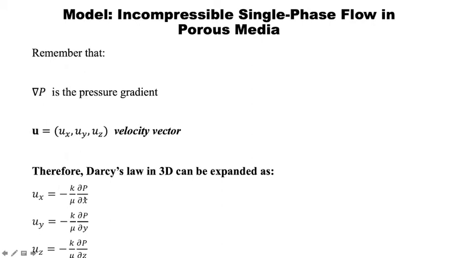So all derivatives would be partial derivatives, not exact derivatives. So for Darcy's law in 3D, we have 3 equations: Ux, Uy, Uz. Clear? Okay. So this case is again an incompressible single phase flow in porous media.